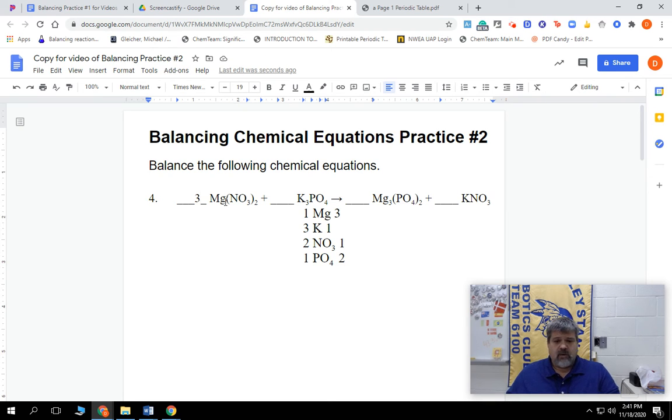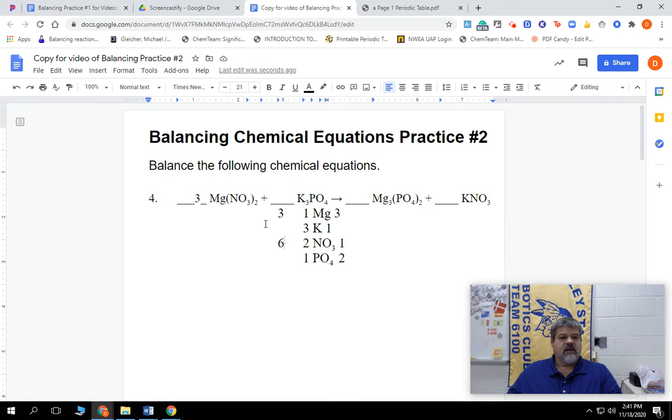We can only change the coefficient. So now we have 3 magnesiums on this side and 3 on this side. But it also changed the number of nitrates. I had 2, but now I have it 3 times, so I have 6 nitrates.